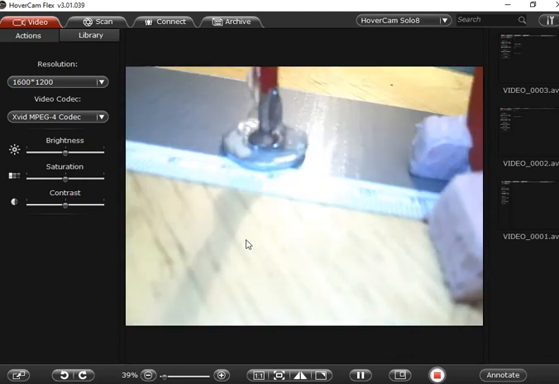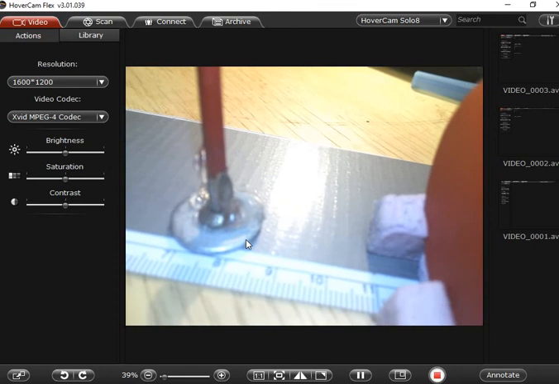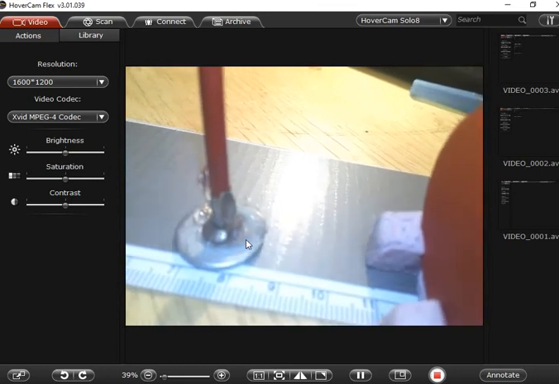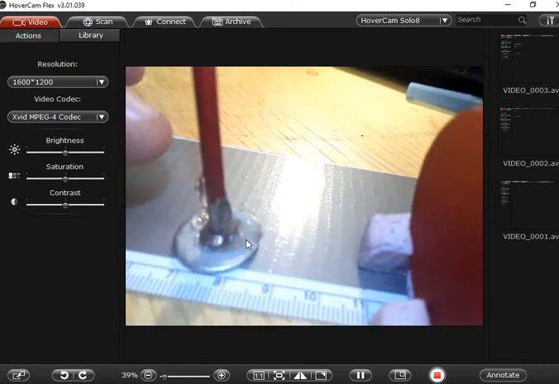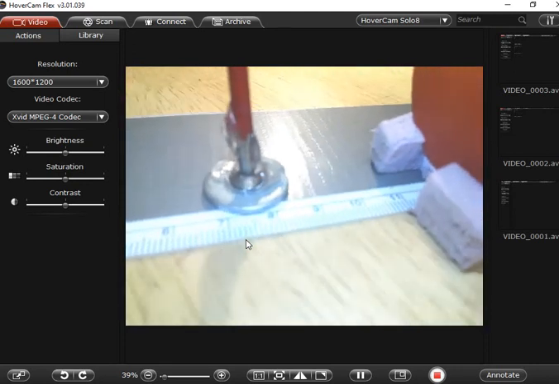It is somewhere between 7 and 8. Let's say 7.7, 7.6. You want to get the center of the red nail. Where is the center of the red nail lined up?